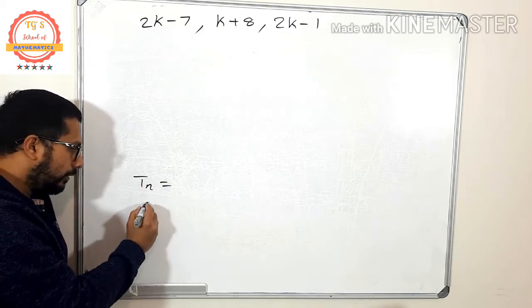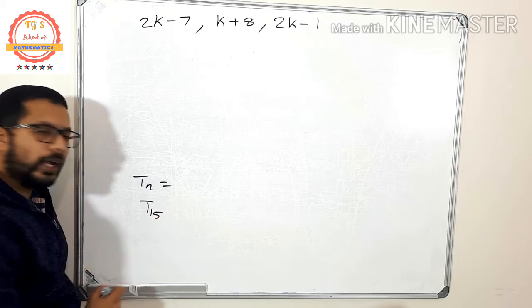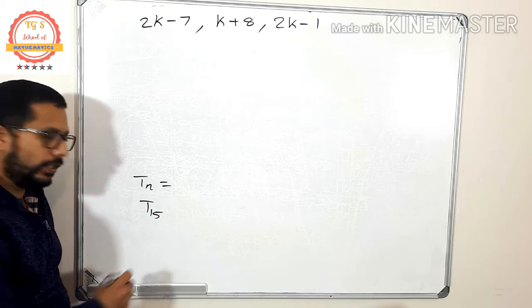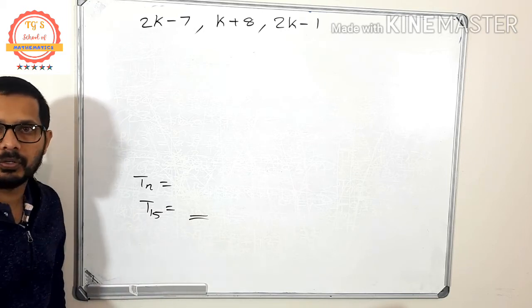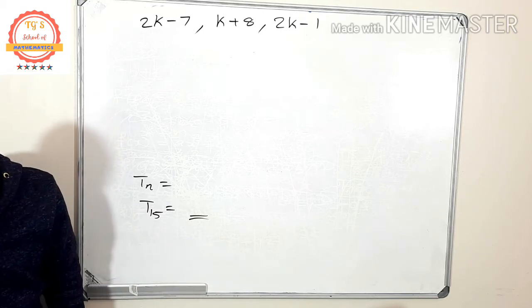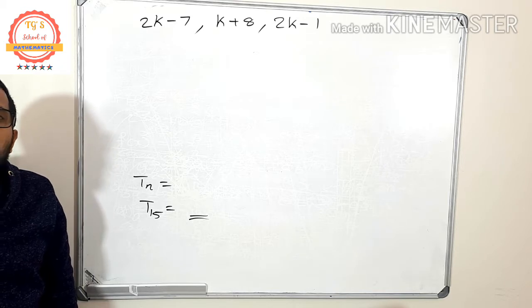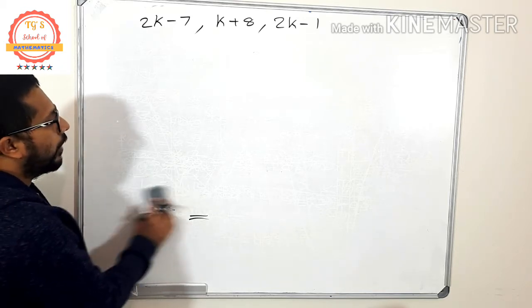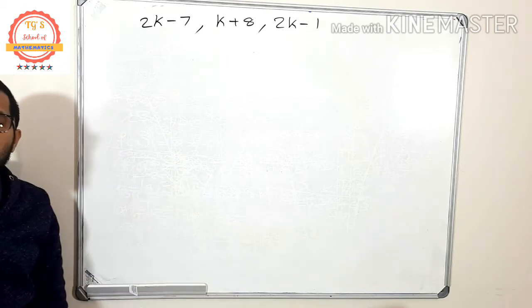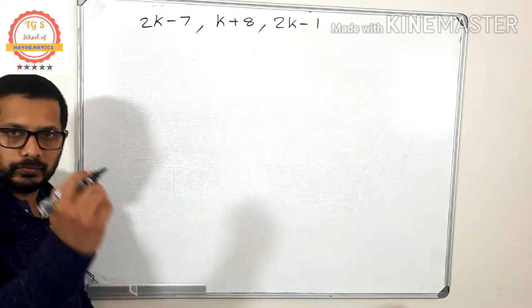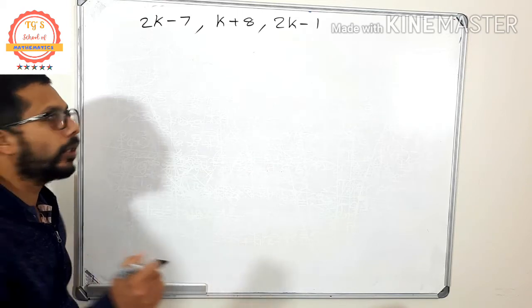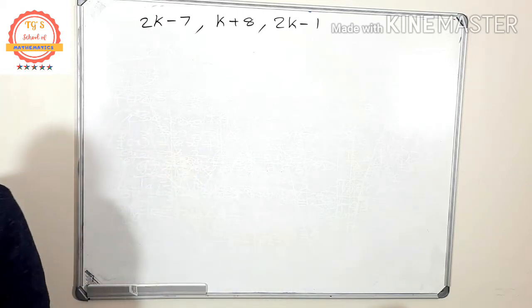Then in that nth term, we substitute the value of n as 15, and then you will get the 15th term. That is what we are going to do. So the first step is to find the value of k. How can we find the value of k? I told you, if it is an arithmetic sequence, the first difference is the same. So what is the first difference here?